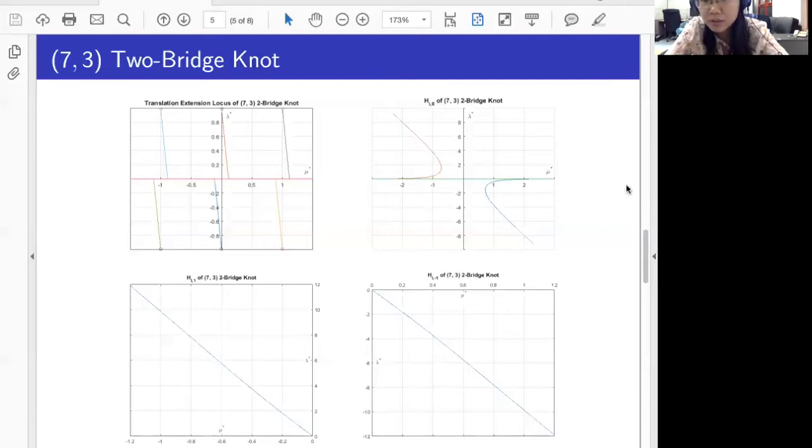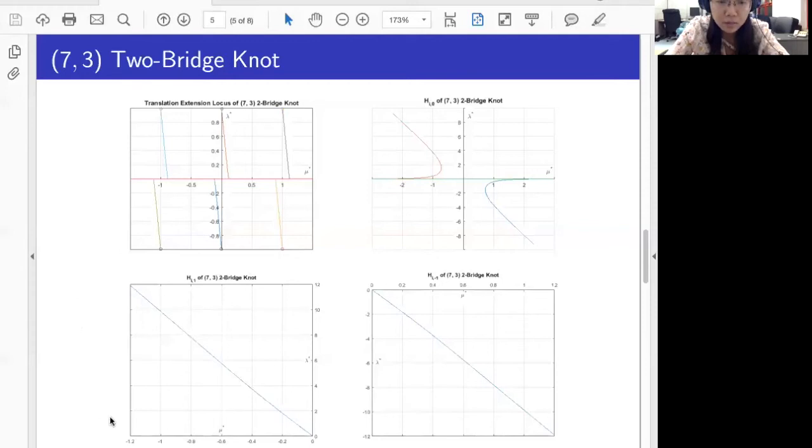We can also see that this graph is invariant under reflection about the origin. The subscript 0 means that for every representation corresponding to a point on the curve, the translation number of the longitude under the representation is 0.